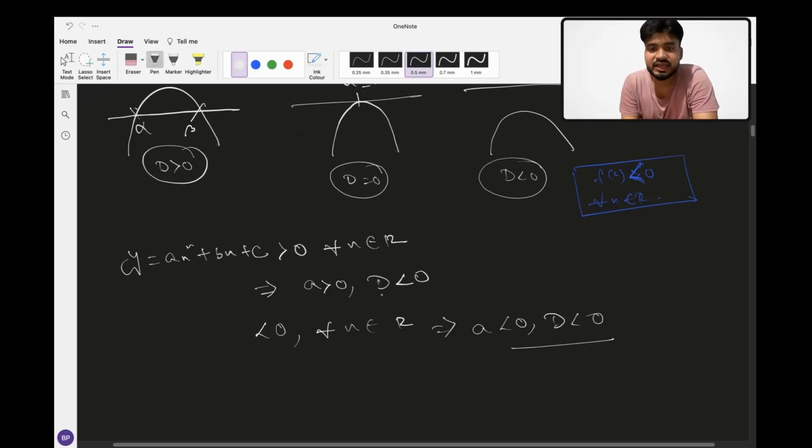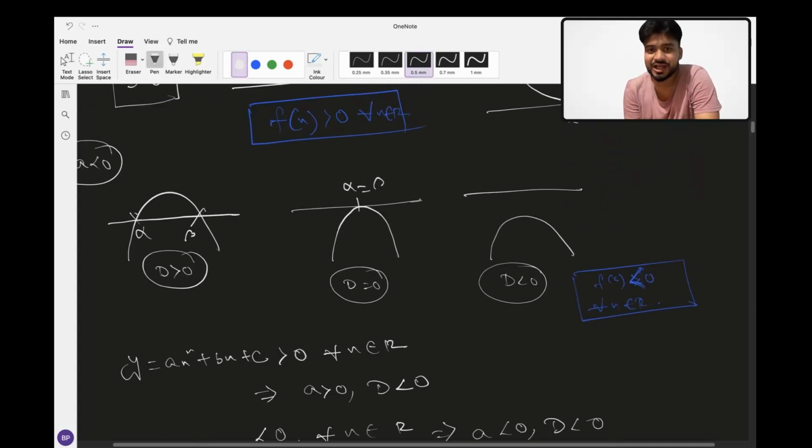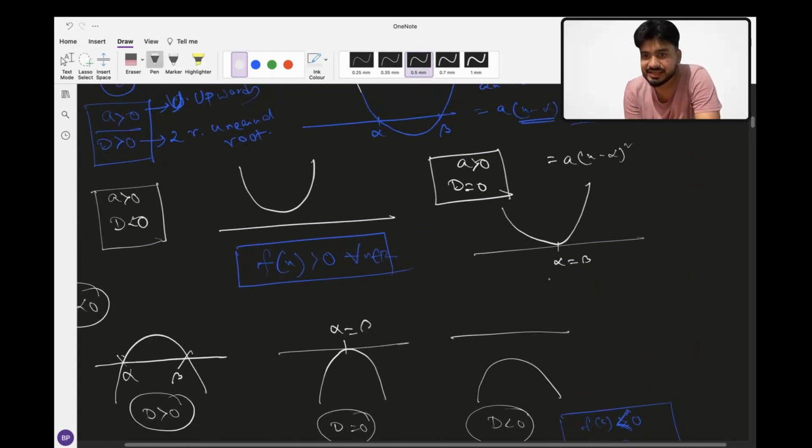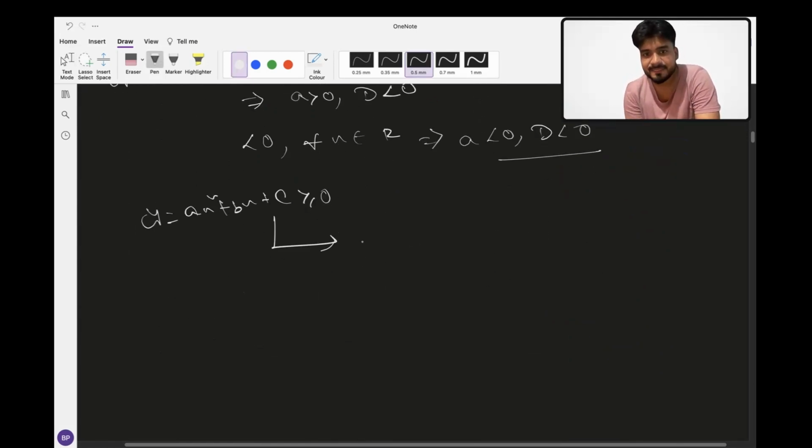Now what will happen if we do y equals ax square plus bx plus c greater than or equal to 0? That means which case will come? Yes, this case will come. It is also touching the equal to 0 and also going on the positive side. So the d equal to 0 case can be incorporated. So here d can be either less than 0 or equal to 0, and a is positive.